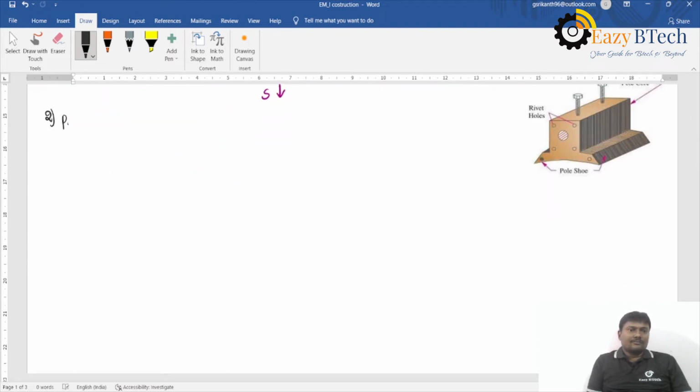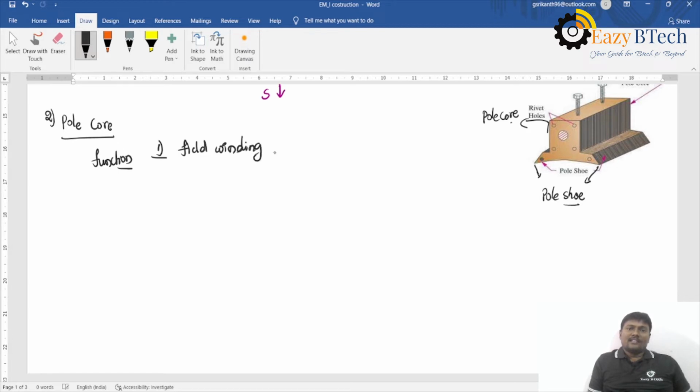Coming to the second part, the pole core. This part is called the pole core, and the edges of this part are the pole shoe. What is the function of the pole core? On the pole core we wind the field winding.